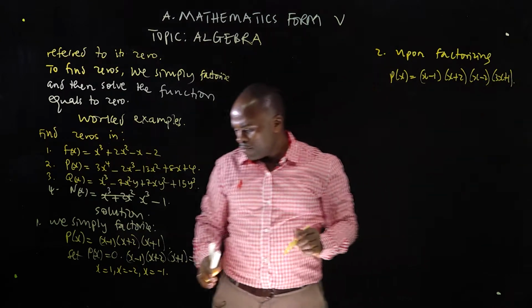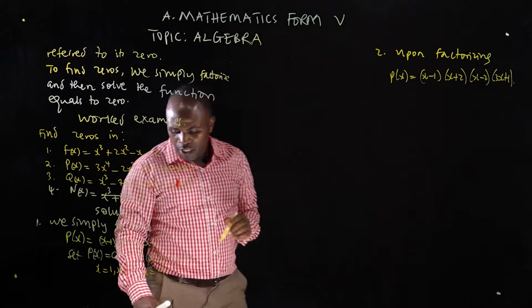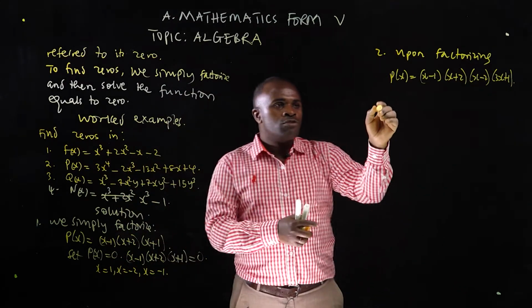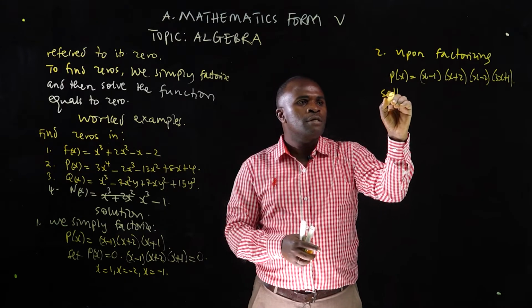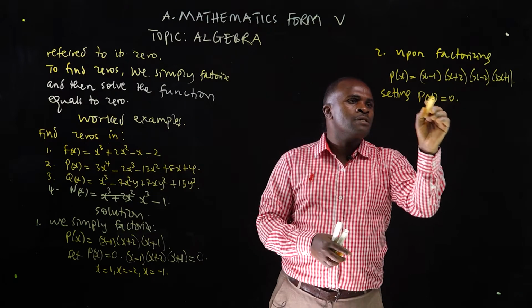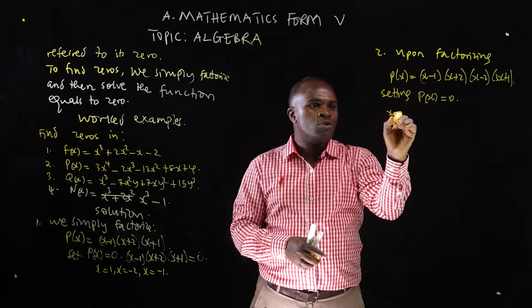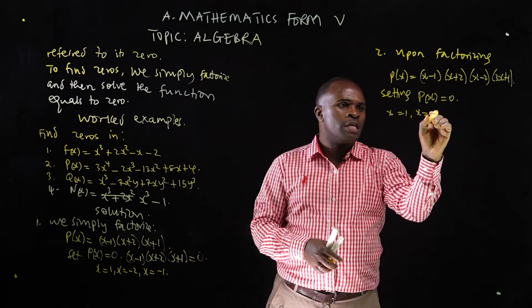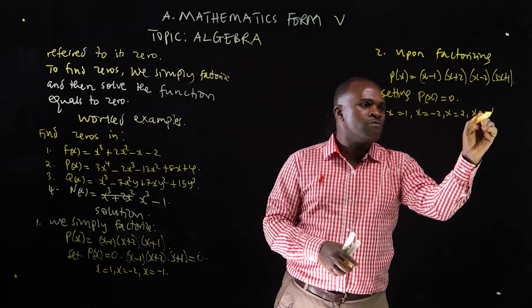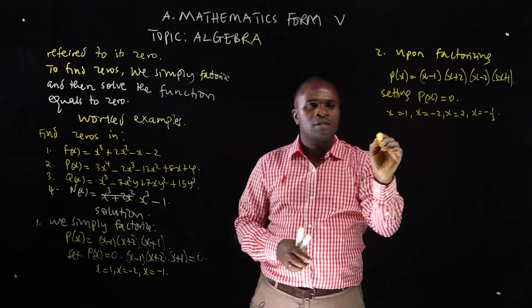If you factorize carefully, we must be getting this result because we know how to factorize. So to solve this, we set the function p of x equals to 0, giving us x equals to 1, x equals to negative 2, x equals to positive 2, and x equals to negative 1 over 3. So these are the zeros.